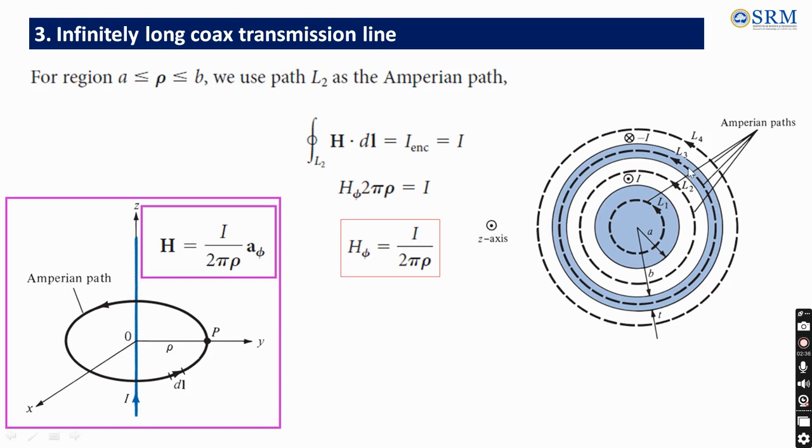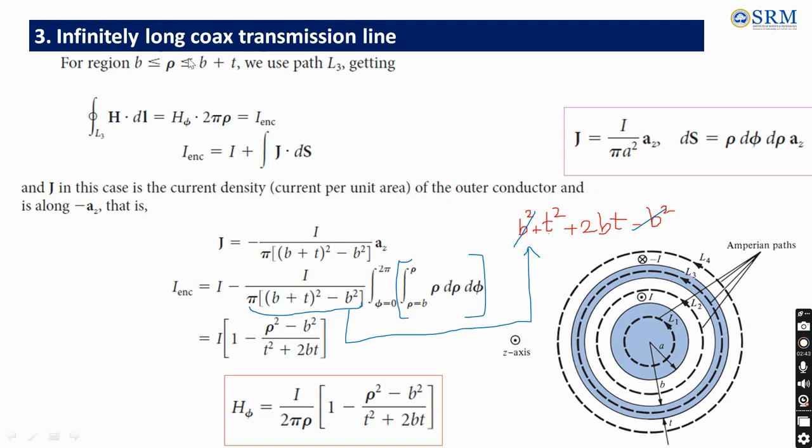Now let us take the third Ampere path L3. If I consider the third Ampere path, what happens? The region is from b. The third Ampere path, this dotted line here, is enclosing from b to b plus t.